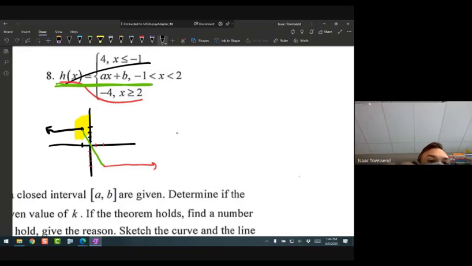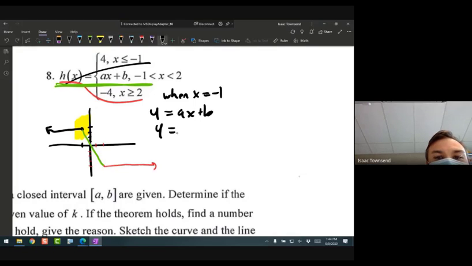I don't care that the y values are different at other times, but when x is -1, I need the y value of my black equation to be the y value of my green equation. So if I only care when x is -1, I can plug that in, and I get that 4 is supposed to be -a plus b.